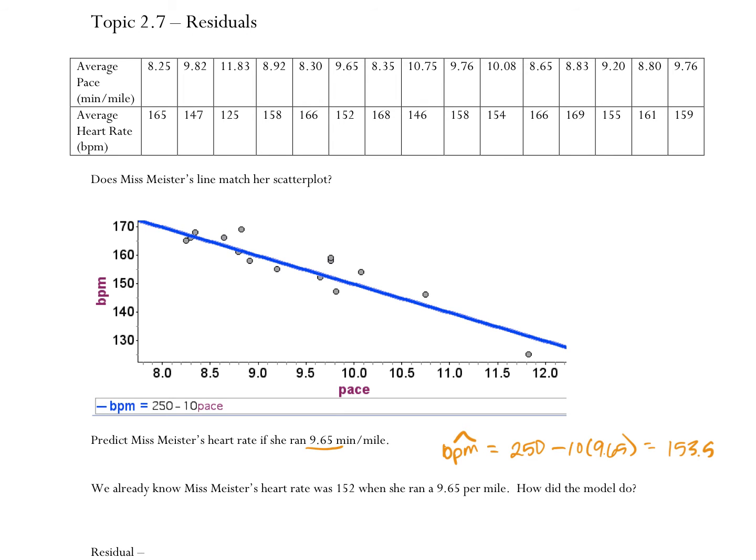What do you guys think? It turns out one of our data points is what my pulse was when I ran 9.65 minutes per mile. Is everybody with me? And when you look at that, my pulse was 152. So how did the model do?